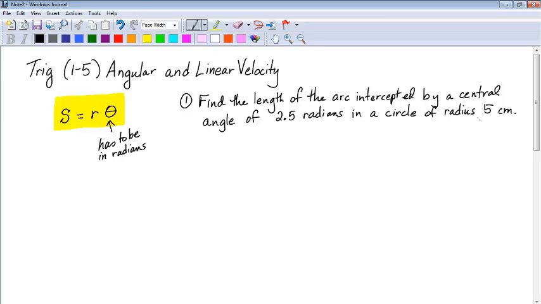So we're finding the length of the arc, so we're solving for S. Write the formula down. S equals r theta.